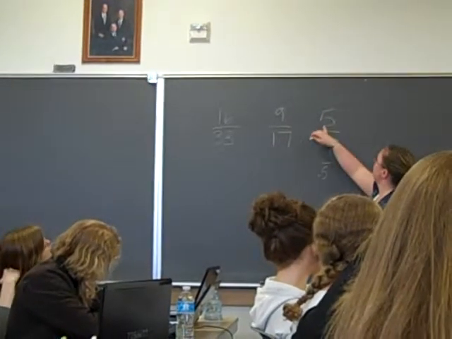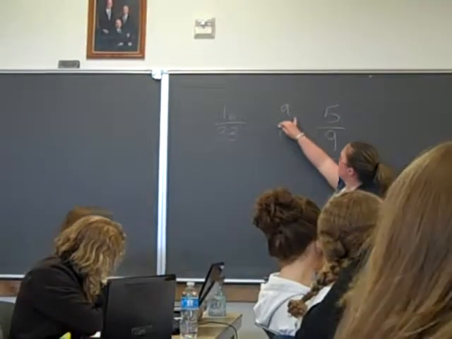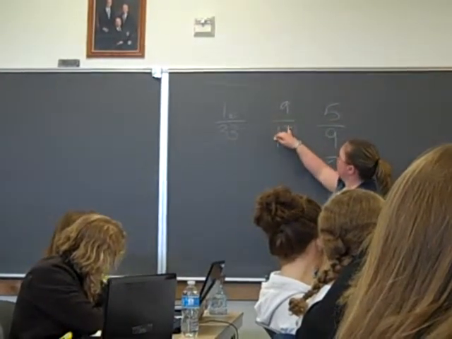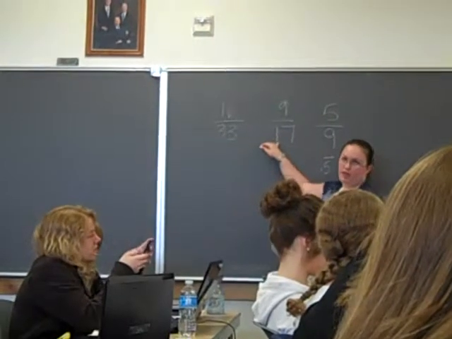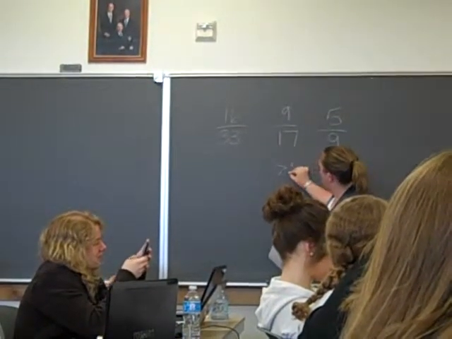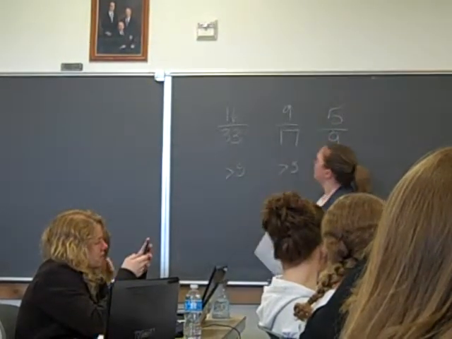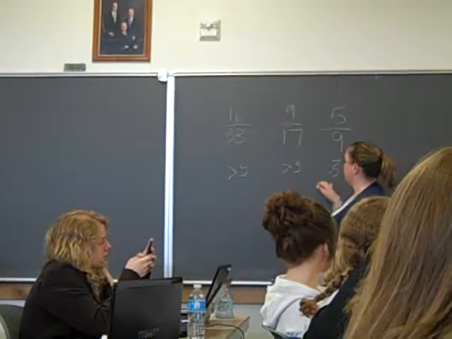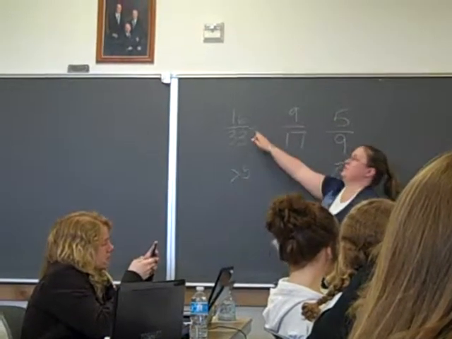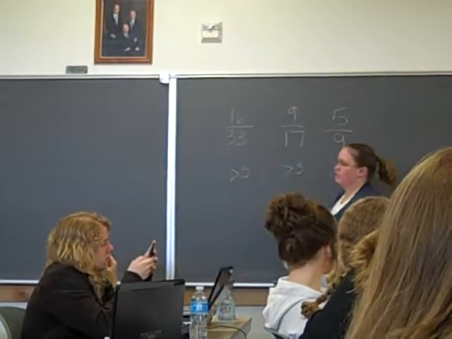Then we looked to see if this is greater than 1/2 or less than 1/2, and it's a little less than 1/2. And this one's the same, a little less than 1/2. So we know that this one is the largest, and it's just between these two, so we put it in our calculator and found out this one was smaller than this one.